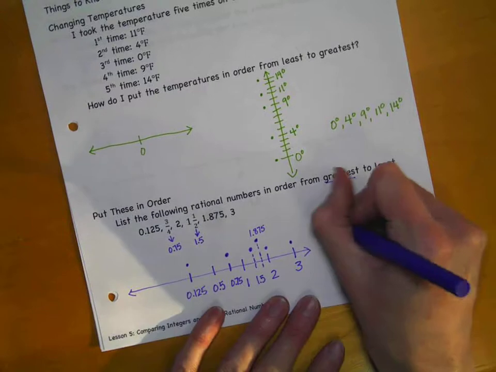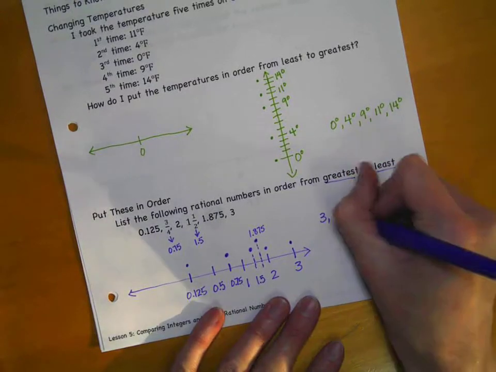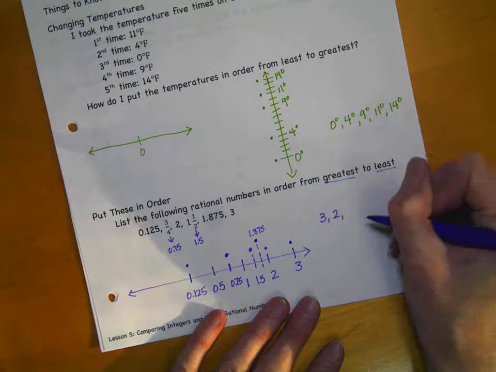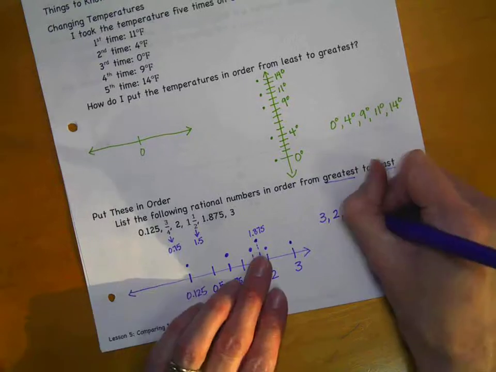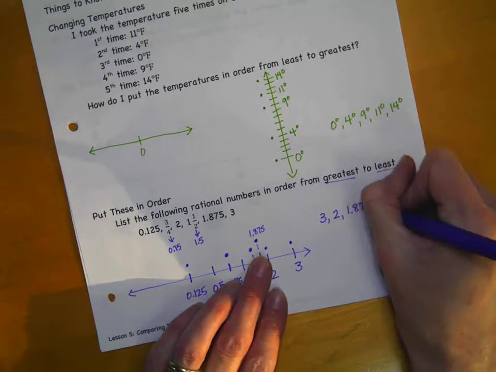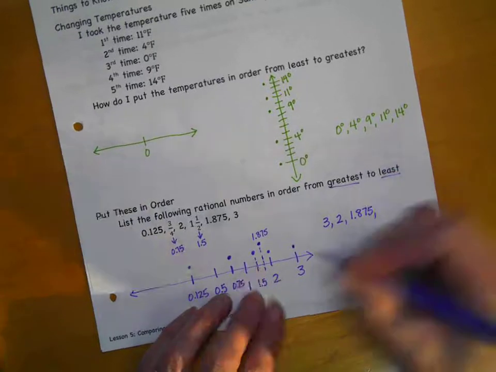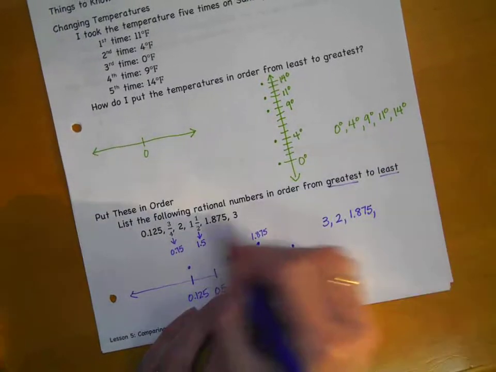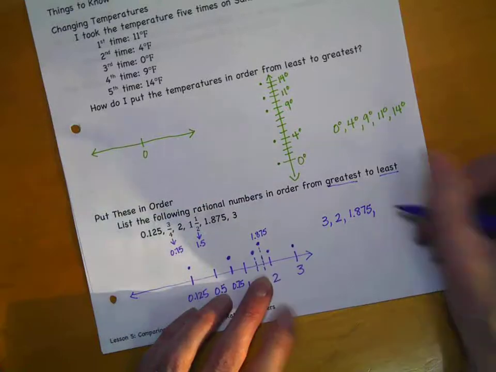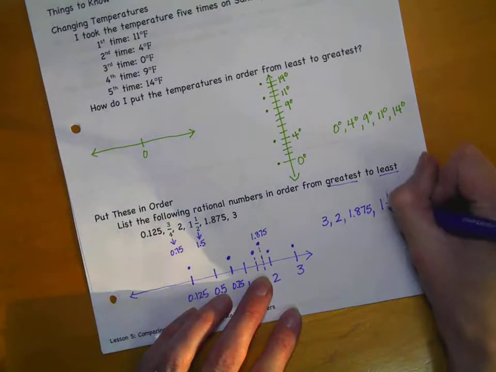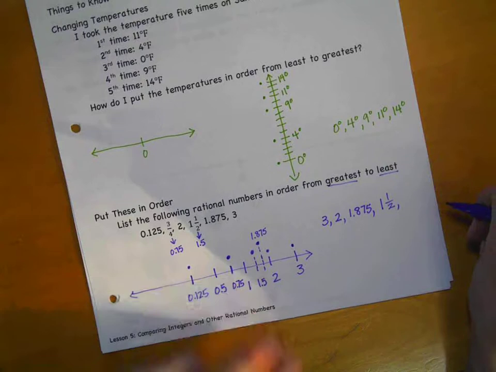Because I plotted them on the number line, it makes them very easy to list from greatest to least. So it would go 3, 2, and then 1 and 875 thousandths. Then the next smallest one is 1.5, but because I'm actually listing these numbers, I have to write it the way we started, which is 1 1/2.